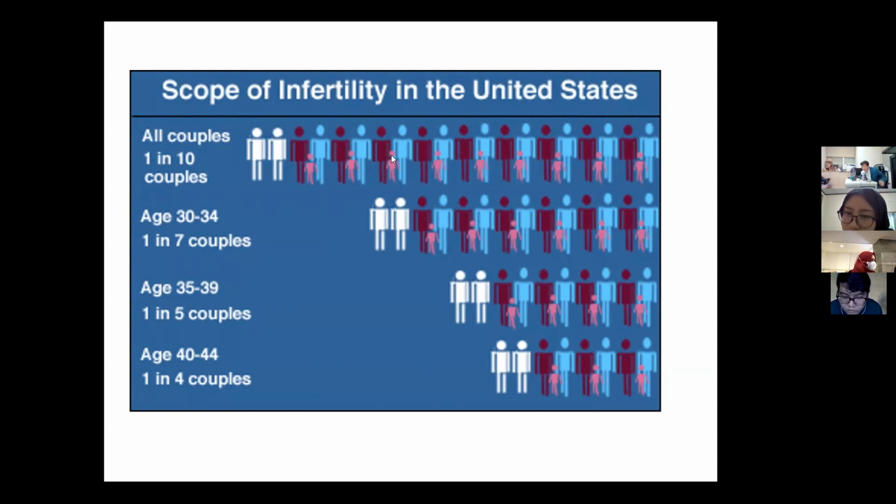Dysmenorrhea is painful menstruation. You know why? Because the uterus and the cervix are very small, and you have a shedding of your endometrium, almost 80 milliliters per month. So sometimes the menstruation does not go smoothly, and you will have pain.